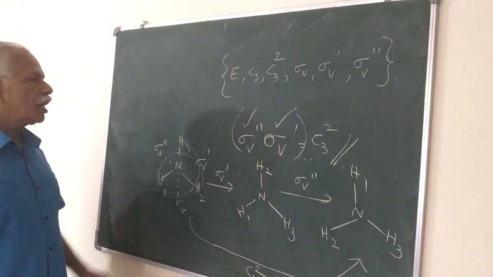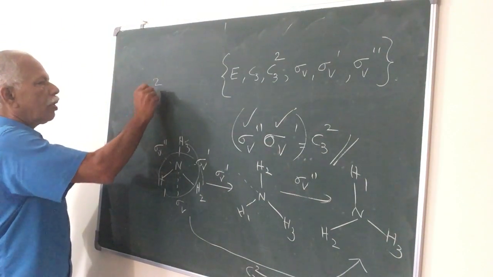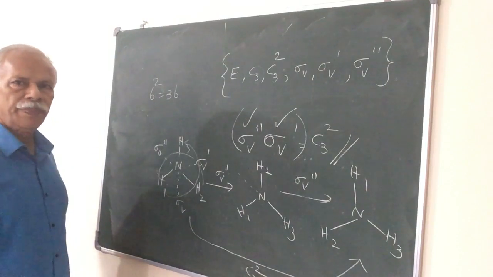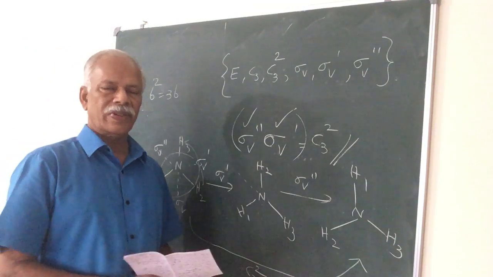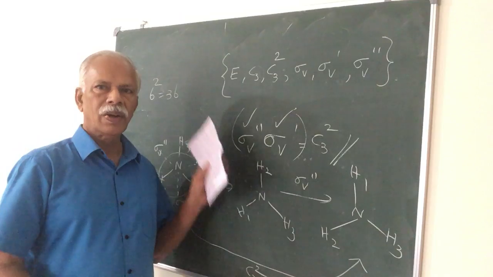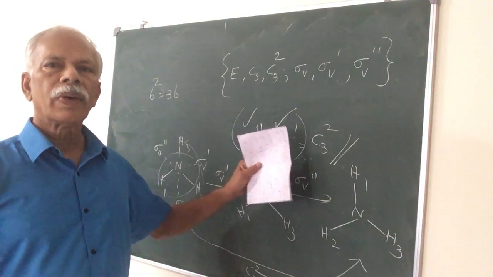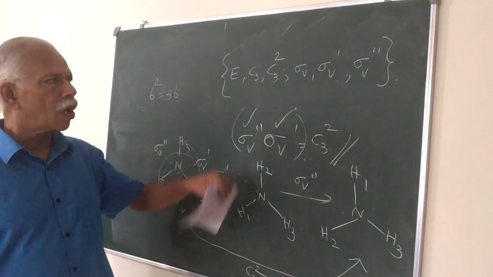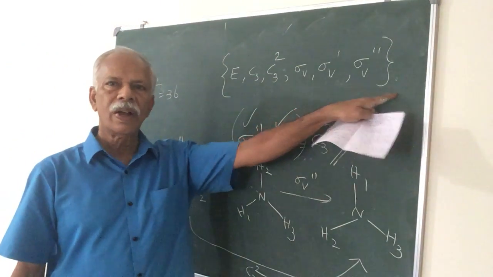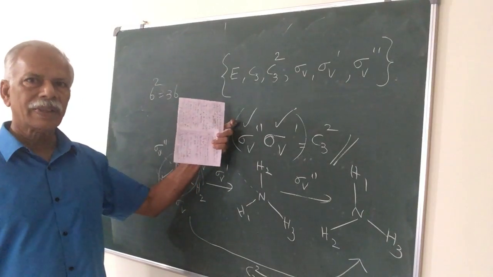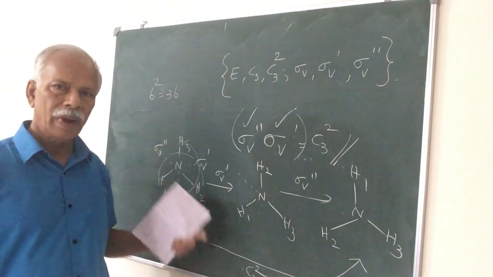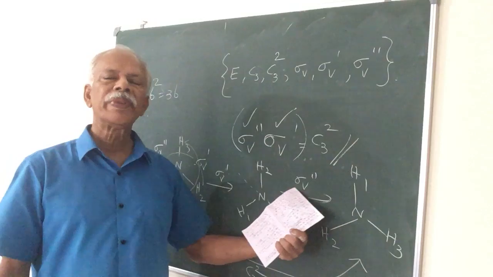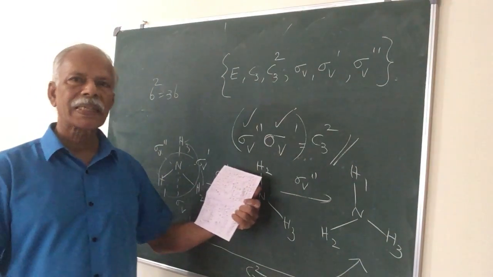The multiplication table will have 6 squared or 36 boxes. Take it as a home assignment to work out the multiplication table of the ammonia molecule. Give 6 columns with these as the headings and 6 rows, again these as the headings of the rows, and within the boxes fill in all the possible products.